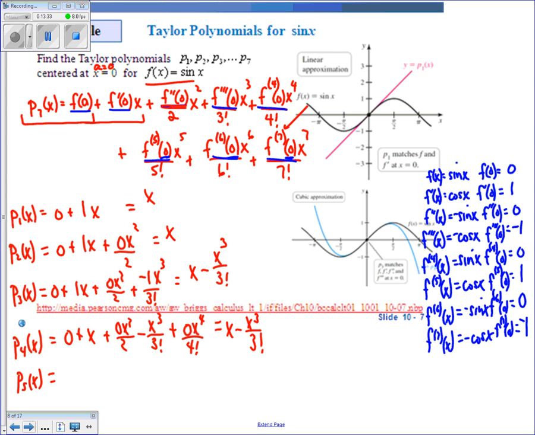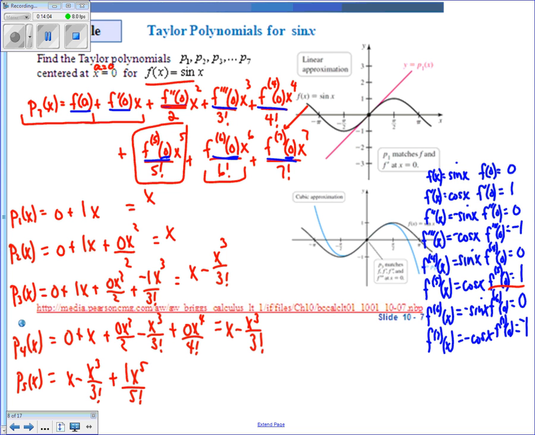Okay, P5 of x will be x minus x cubed over 3 factorial, but I need to add the fifth term. The fifth term will be plus the fifth order derivative at 0, which is 1, x to the fifth over 5 factorial. And notice the sixth order derivative at 0 is 0 again.